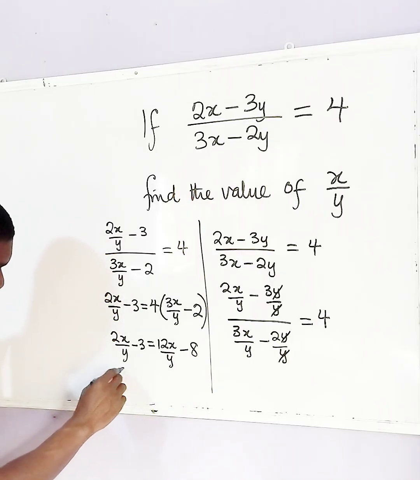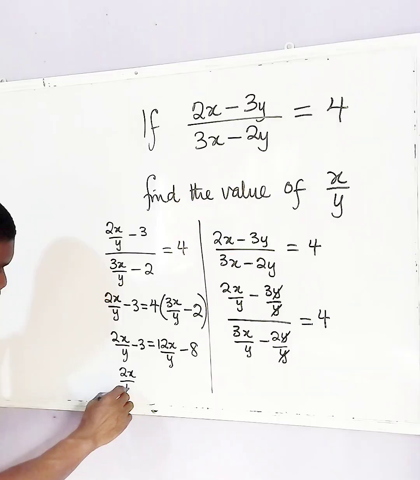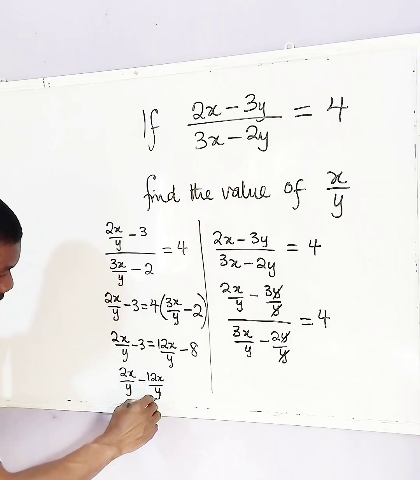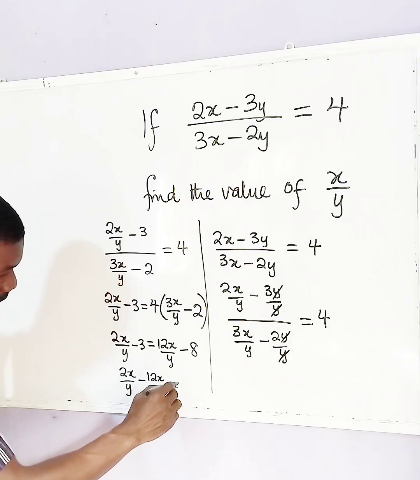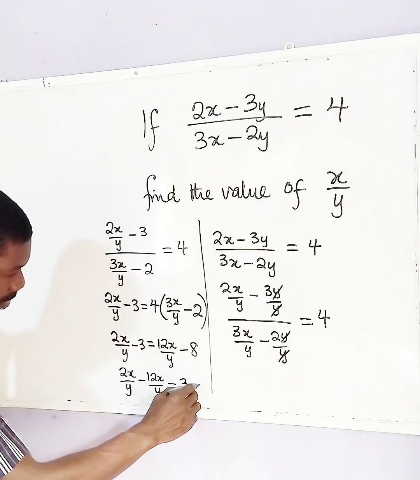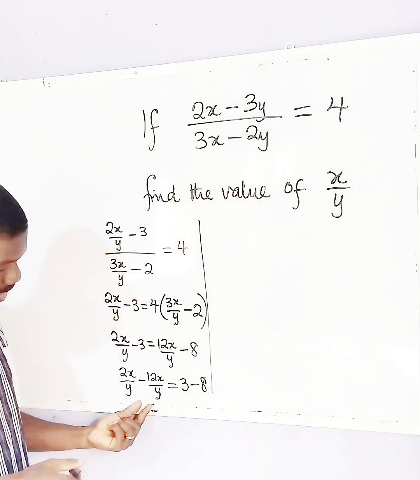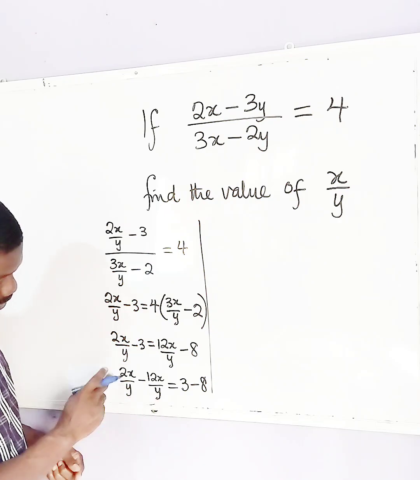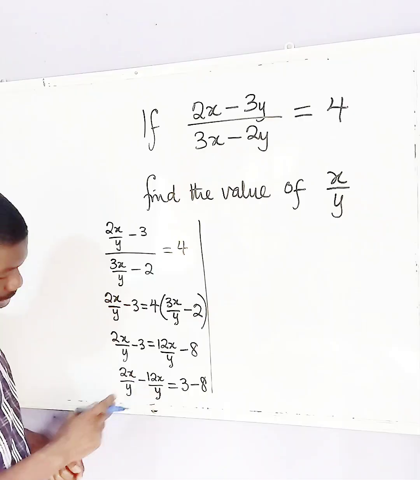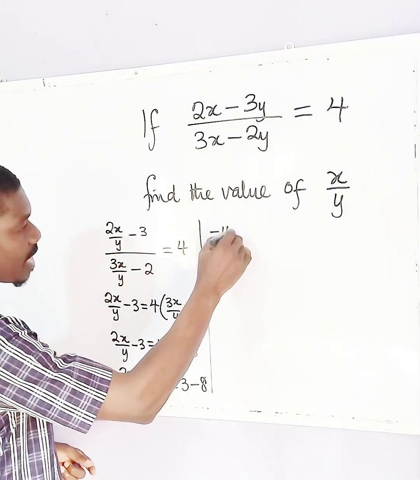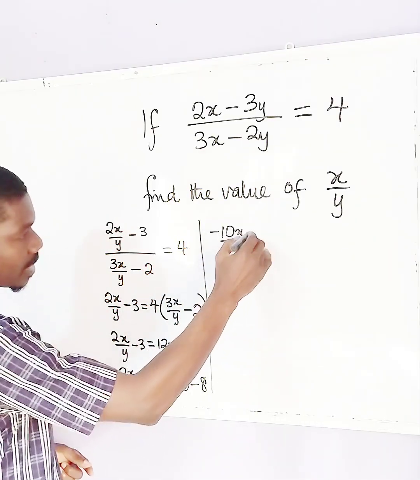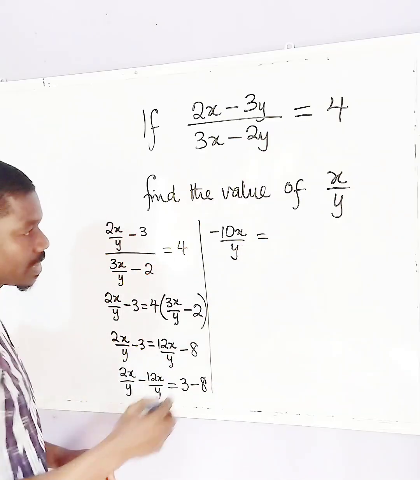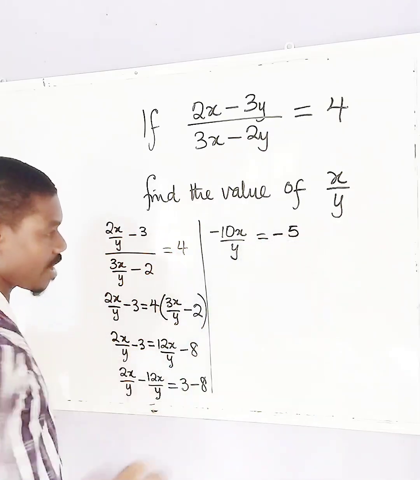So here we have 2x over y minus 12x over y equals 3 take away 8. Since we have a common denominator, y, we can subtract the numerators directly. This will give us negative 10x over y equals 3 take away 8, which gives us negative 5.